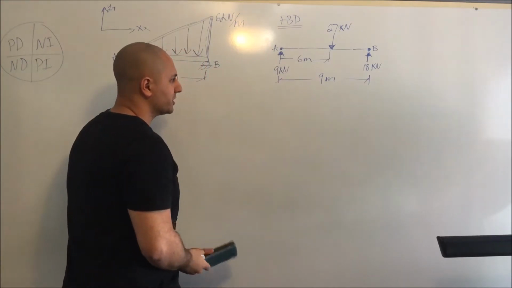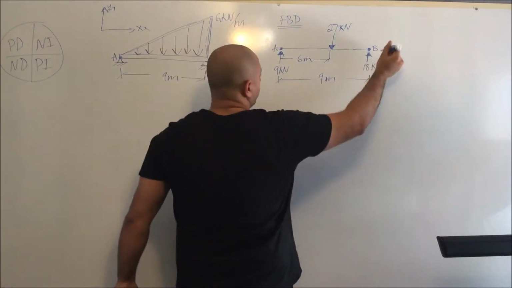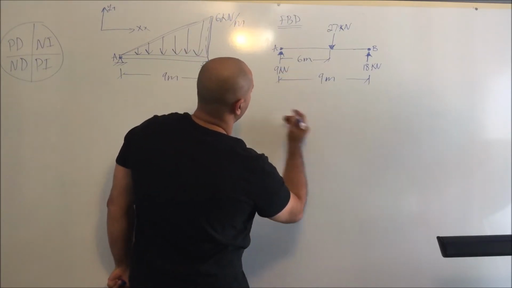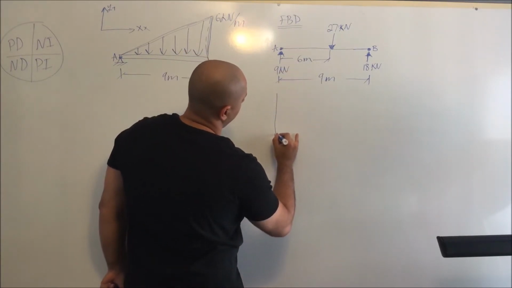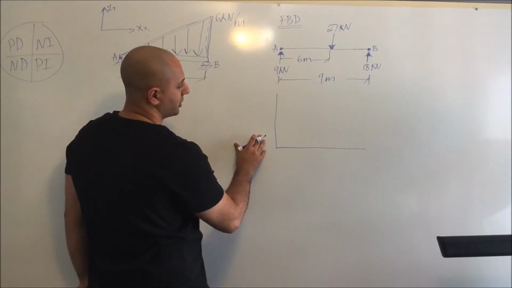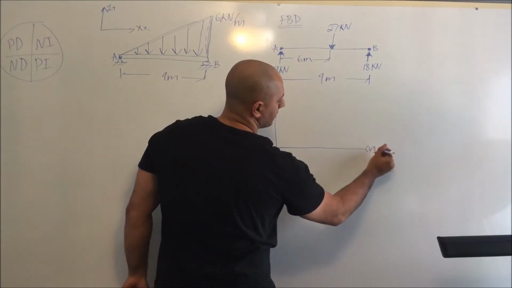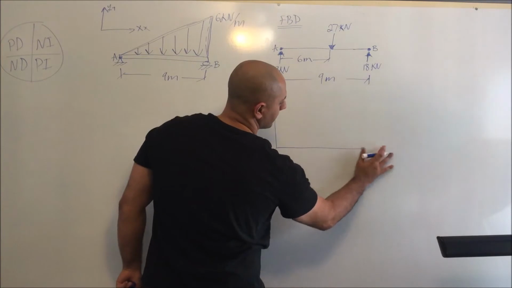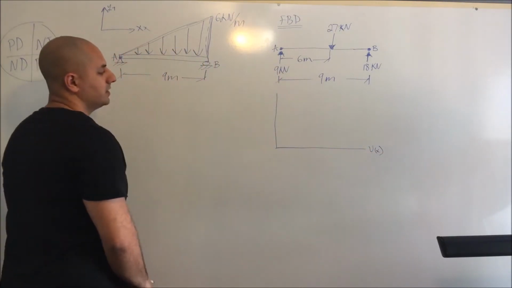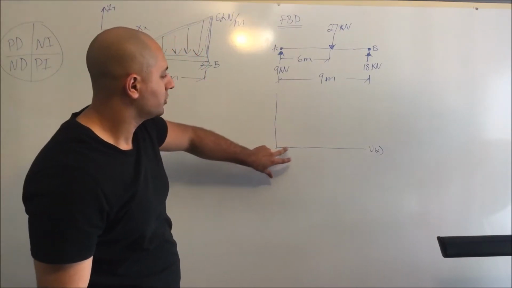Your most important forces are your reaction forces, which are at point A and point B. So I'm going to try to keep everything parallel to one another. This right here will be my plot for the shear, which I'm going to call V of X. This plot will be demonstrated as your actual shear diagram.